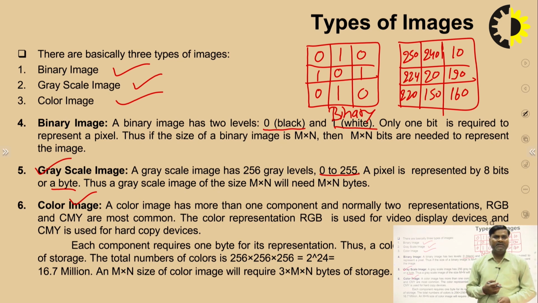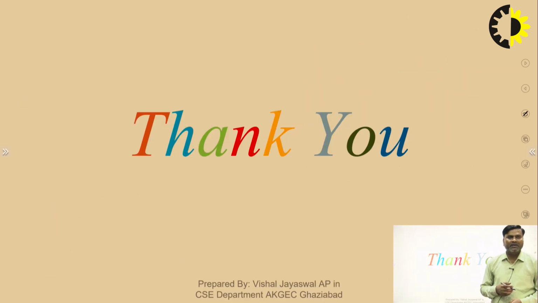So in a color image, 24 bits are required for a particular pixel, and a color image can represent a total of 16.7 million colors. Thank you for the lecture.